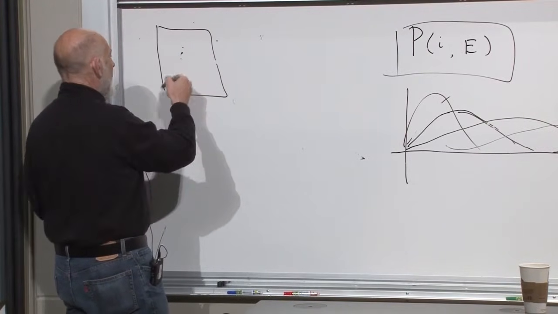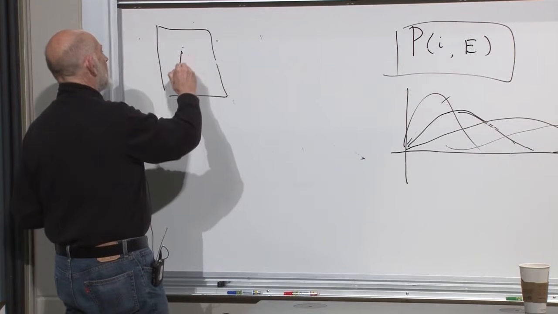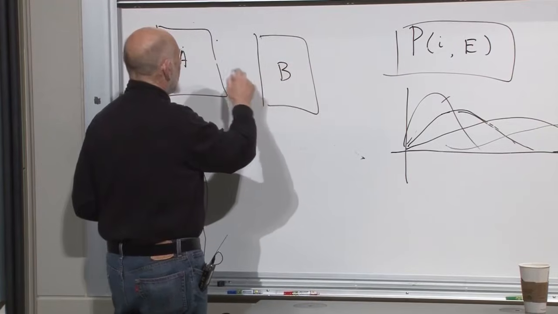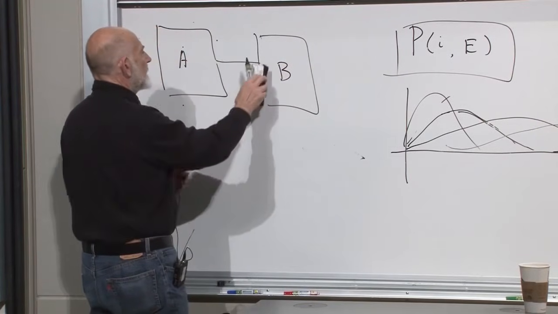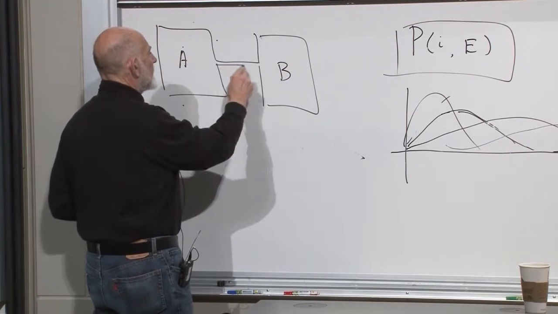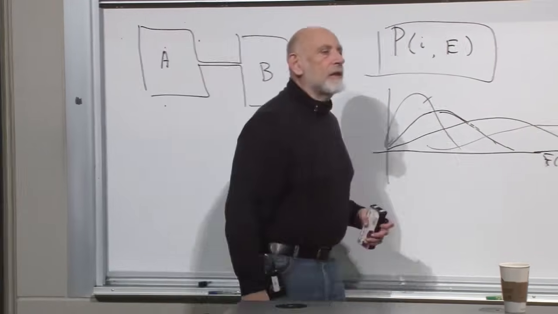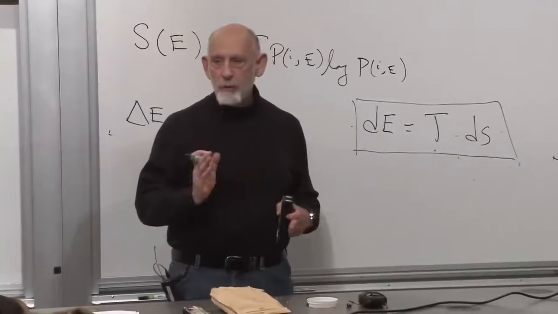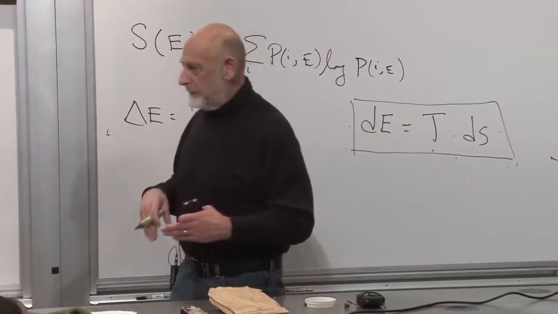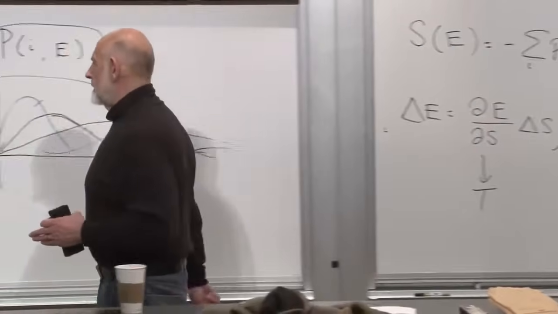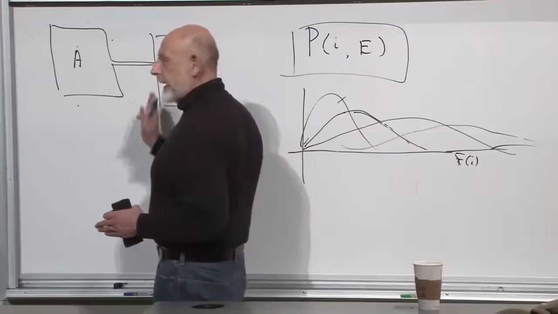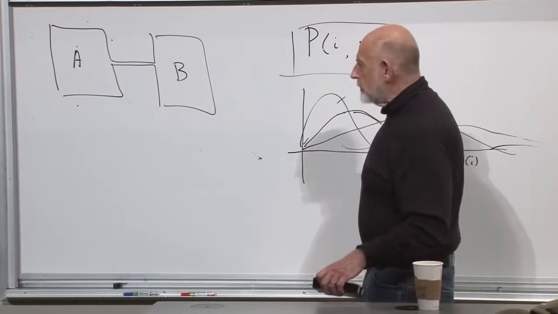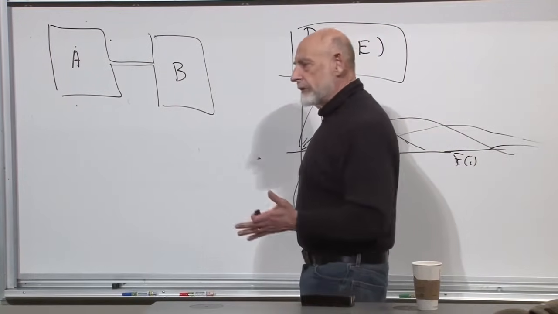This is system A and system B, and they're connected by a thin pipe. A thin pipe simply means that they can exchange energy with each other, but weakly. Little bits of energy can go back and forth between them and cause the energies to fluctuate, but on the average, each one has an energy.